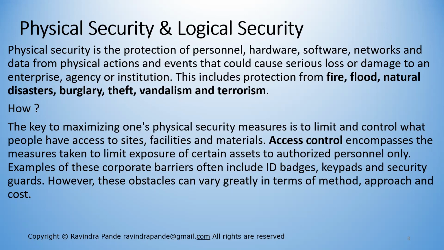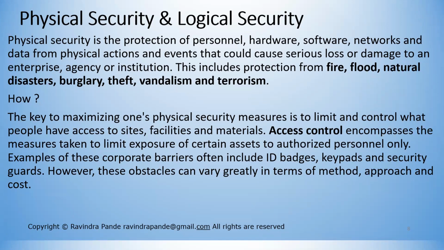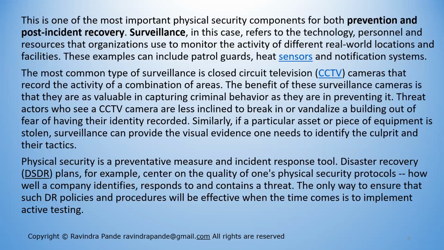Okay, so again, these are all what we are going to learn in terms of how to address physical security progressively. Let's try to understand. These are proactive measures. Now we are going to understand the reactive measures.